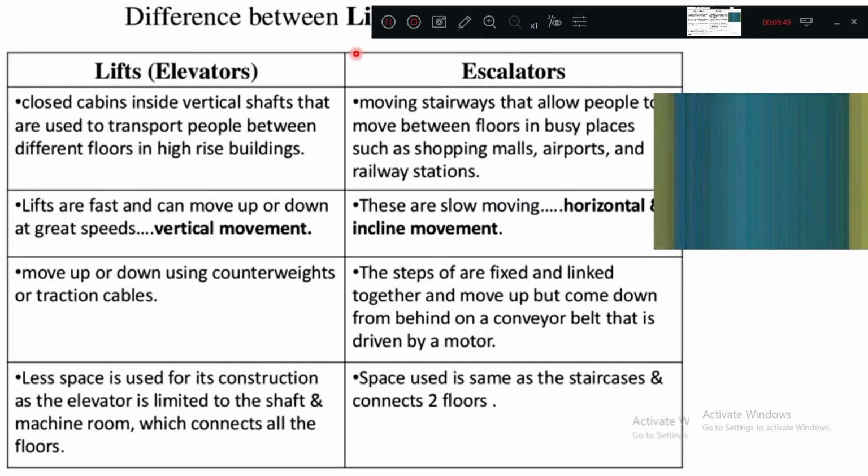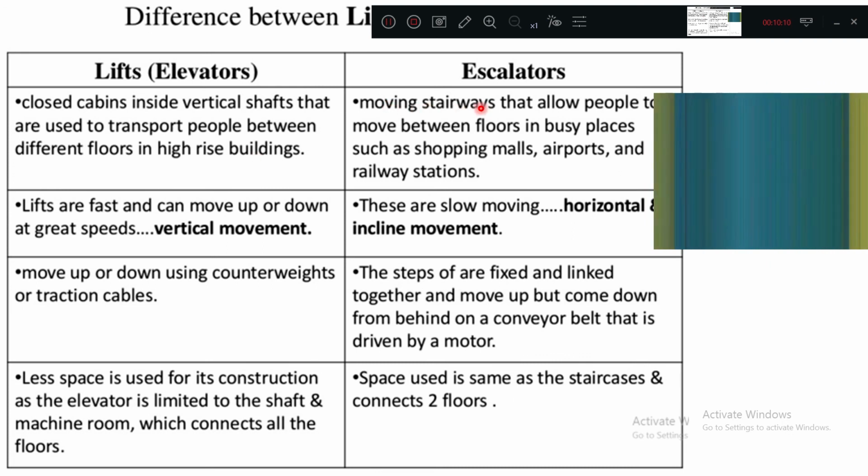Can you see the difference between lifts or elevators and escalators? Lifts are closed cabins, but these are open. Lifts are closed cabins inside a vertical shaft that are used to transport people between different floors in high-rise buildings.